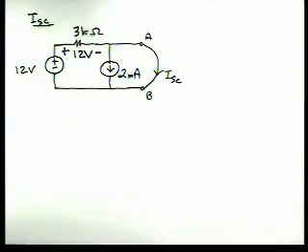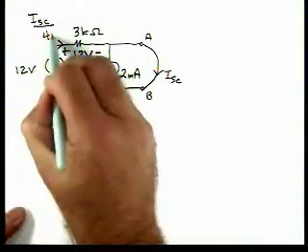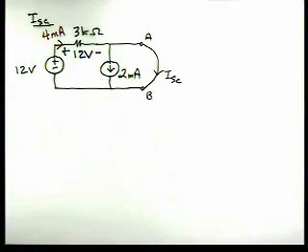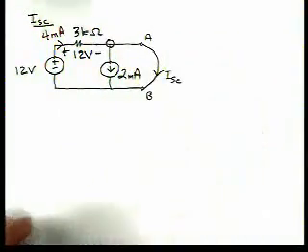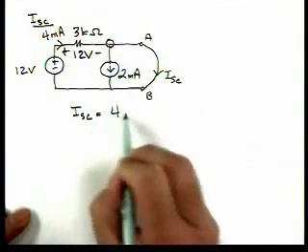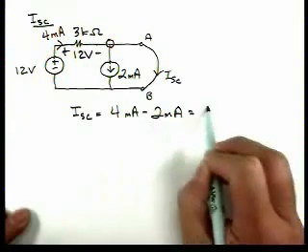So by Ohm's law, the current flowing through this resistor is 4 milliamps. Then if we apply Kirchhoff's current law here, the short circuit current is 4 milliamps minus 2 milliamps, equal to 2 milliamps.